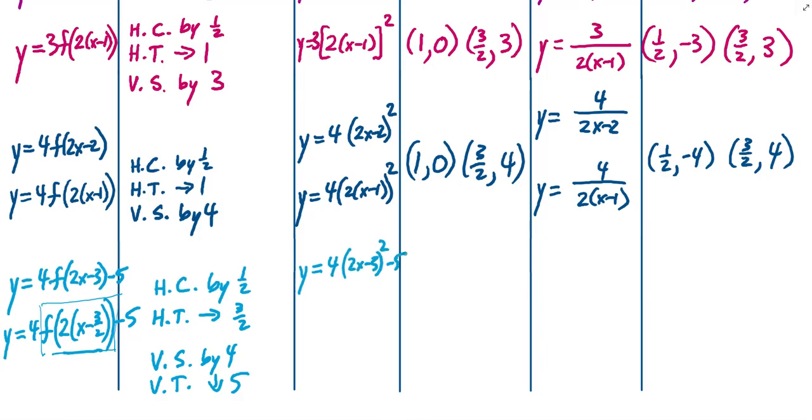And then a minus 5. If I saw that, that would mean that I have a horizontal compression by a factor of 1/2. I'd have to factor that 2 there in order to see exactly what my horizontal translation is. I could see now it's going to be a 3/2.